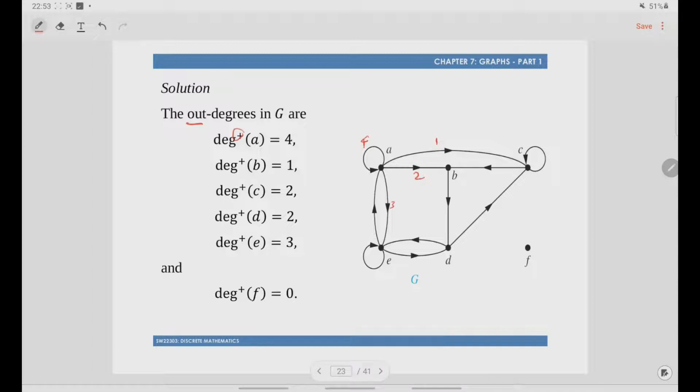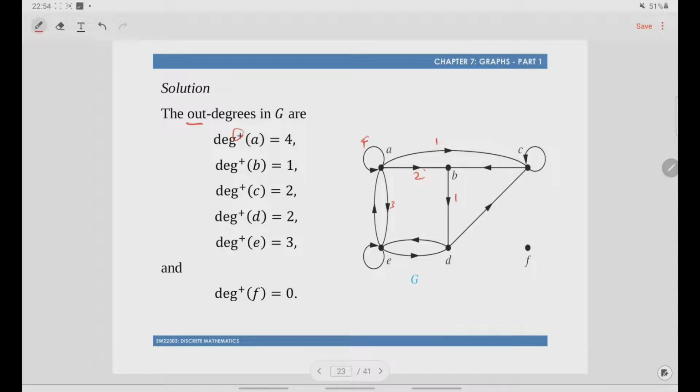Yes, B. How many arrows are pointing out from B? We have 1, only 1, because these 2 arrows come to B. Our interest is only to count the number of arrows going out from B. So only 1.